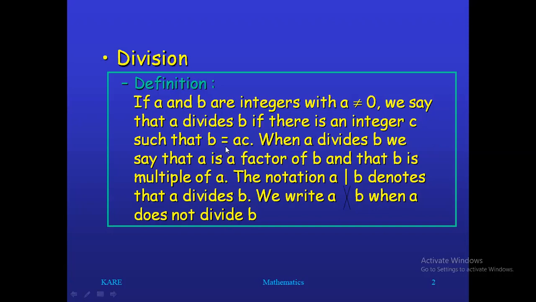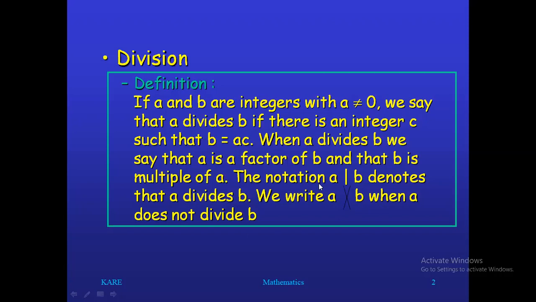So a divides b means I can say that a is a factor and b is a multiple of a. B is a multiple of a and a is a factor of b.